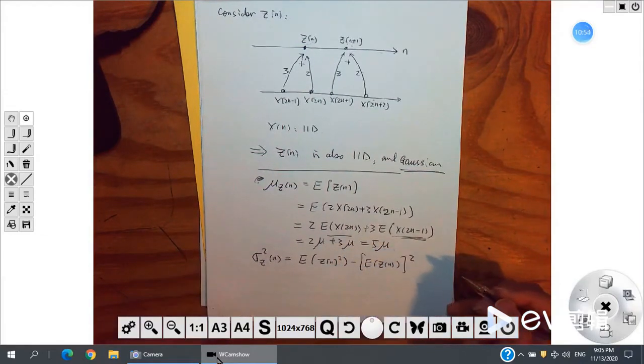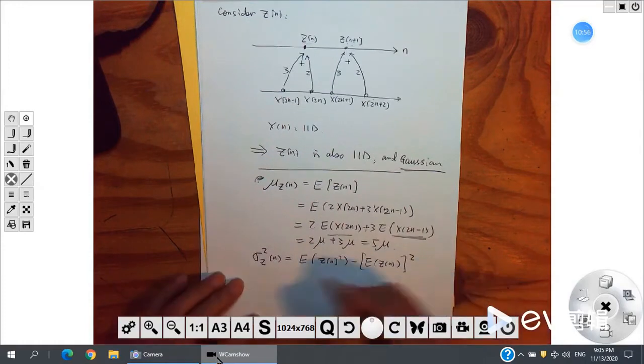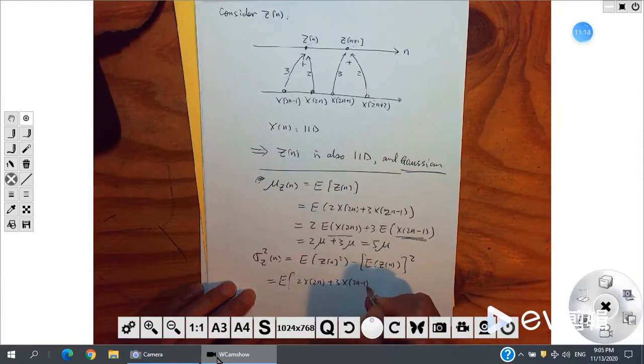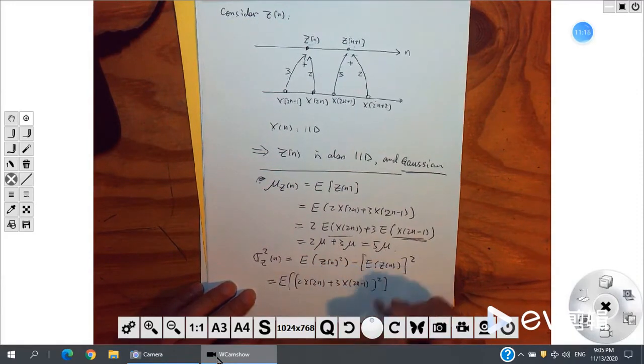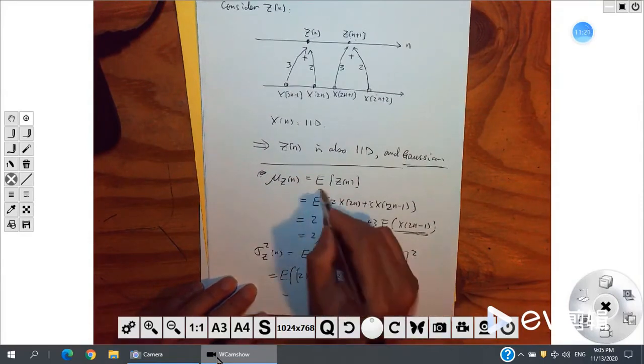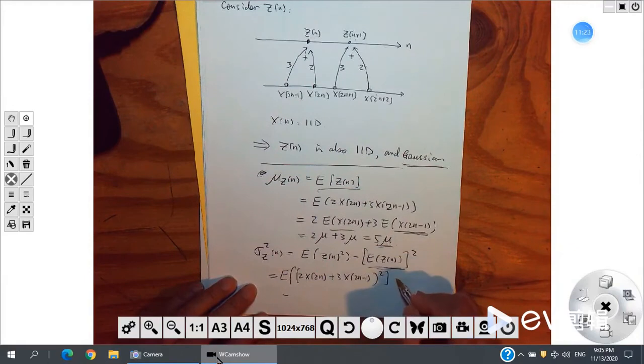The variance of z should be this one. Okay. Then how to calculate? I need to plug in. Okay, I need more space. Anyway, z is 2 of x 2n plus 3 of x 2n minus 1, squared. Right, this is z of n. And minus, okay, E of z of n we already have is 5 mu. So just minus 5 mu here, 5 mu times 5 mu, mu squared.